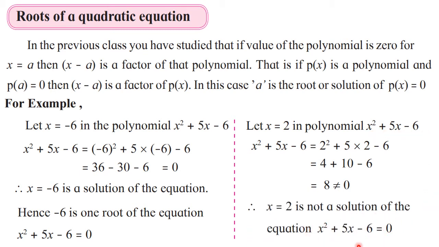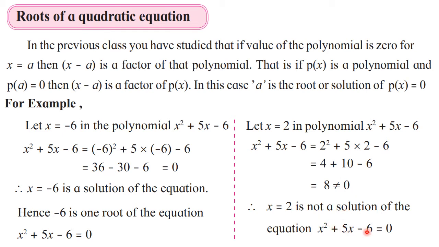Now we are thinking of equation only in this chapter, not polynomial. I told you in the previous lecture that when we write equal to 0 in front of it, the polynomial gets converted to an equation. So this way we are going to find the root of the quadratic equation. Here always you have to solve the LHS and compare it with the RHS and then you can find the roots.